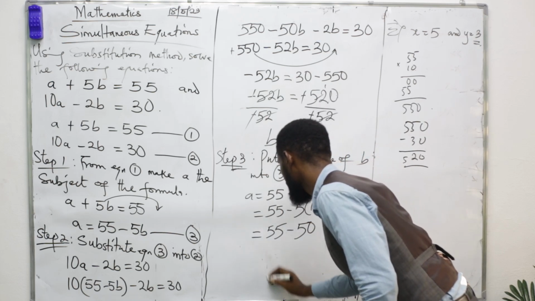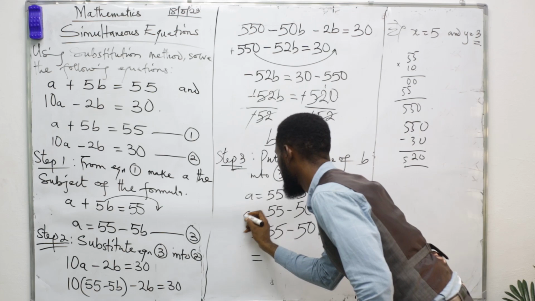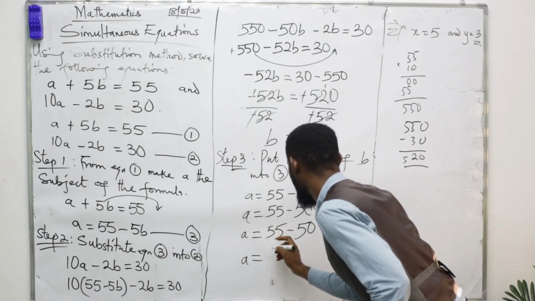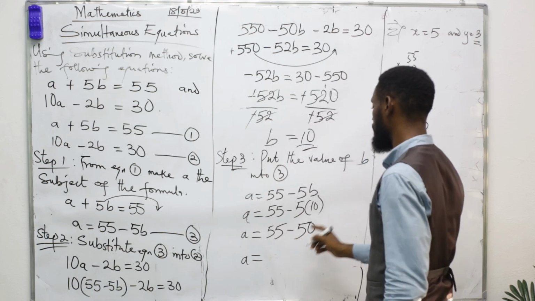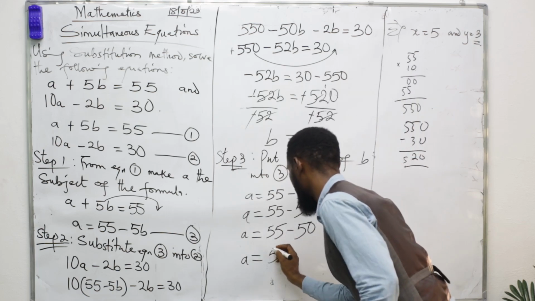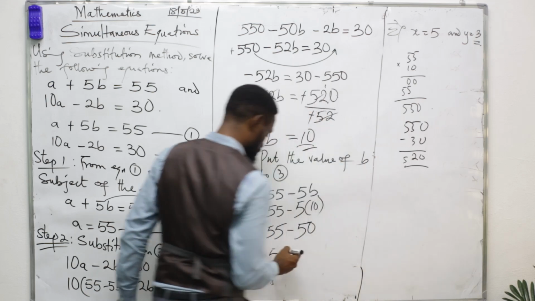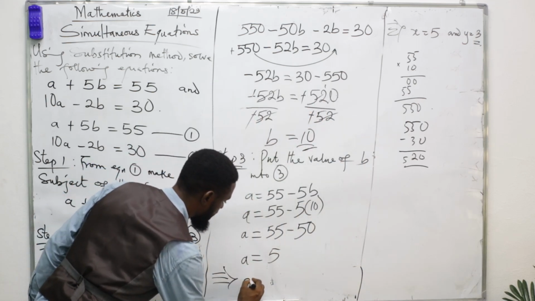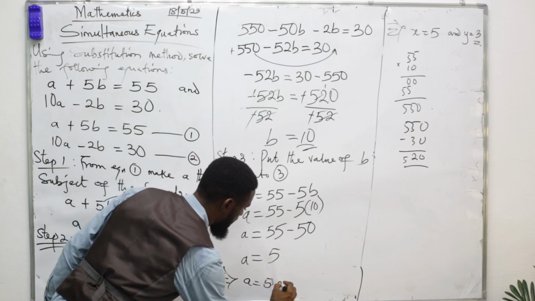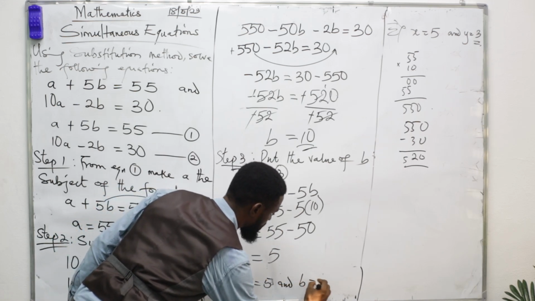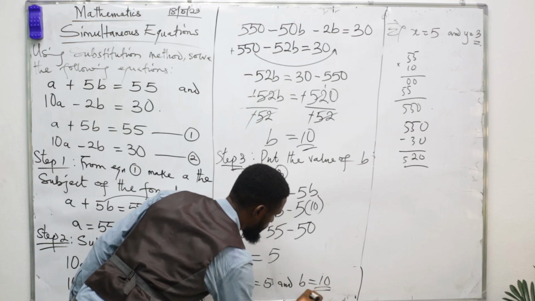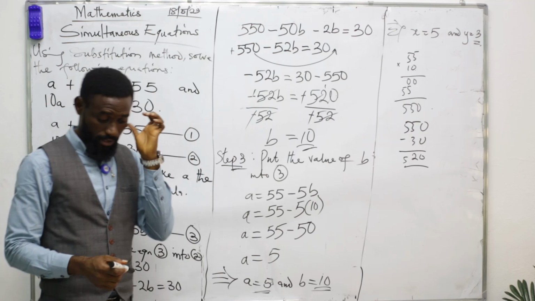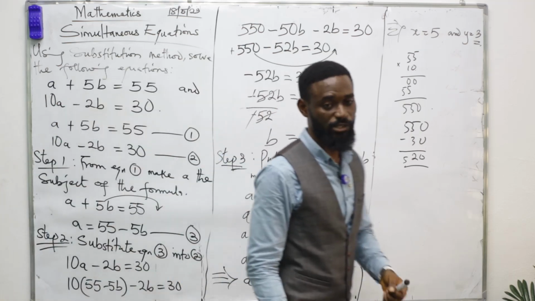It means that our value of a is 55 minus 50, which gives us 5. Do you get that now? So this implies that a is equal to 5 and b is equal to 10. This satisfies the equation that we were asked to solve.